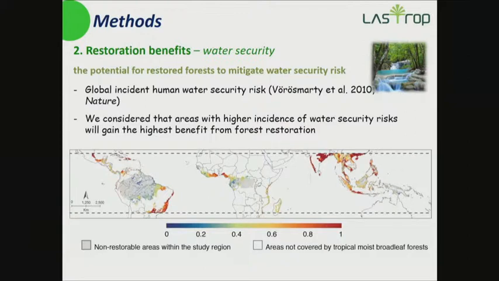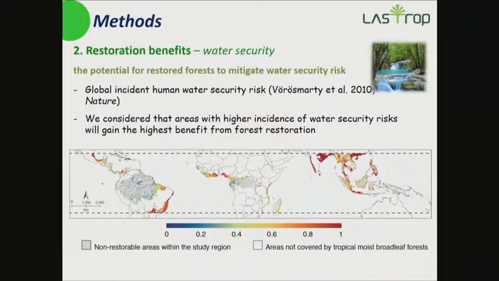But I have to make a parenthesis here. All of these analyses were made for 1 by 1 kilometer landscapes. And we are not saying that all of the restorable areas of these landscapes have to be ecologically restored. The idea is that these landscapes may offer great opportunities, but we have not predetermined how restoration will be implemented.